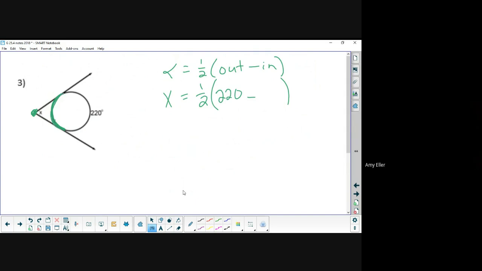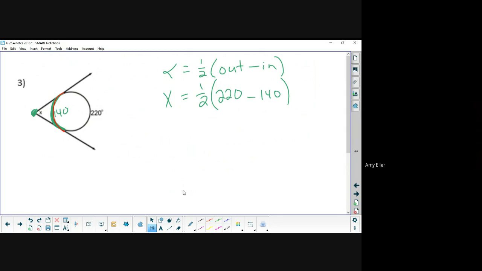Anyone have an idea? 360 minus 220. Yeah. Our circle here is only made up of 2 arcs. So if I subtract the part of the arc I have, that will give me the part I don't have. Connor, what's 360 minus 220? 140. Thank you. The 140 is the inner arc.